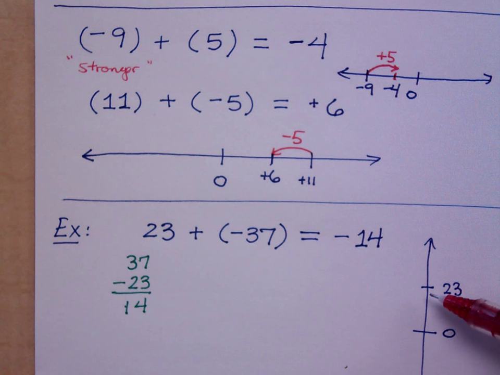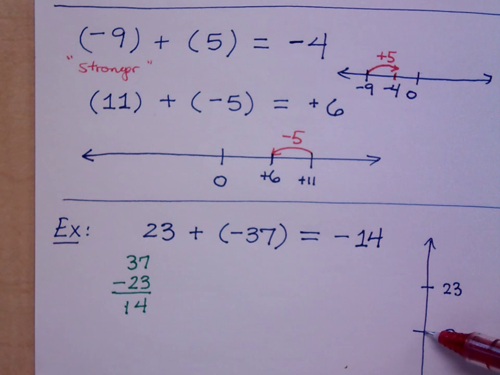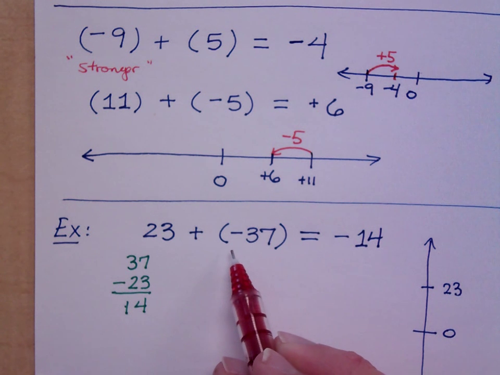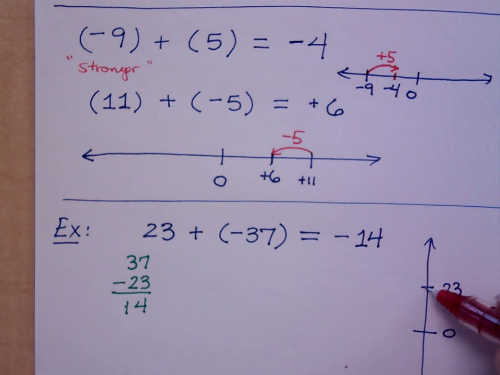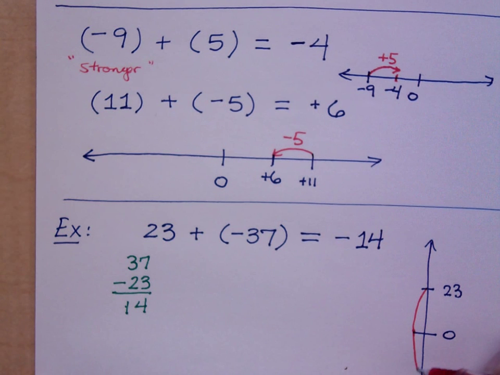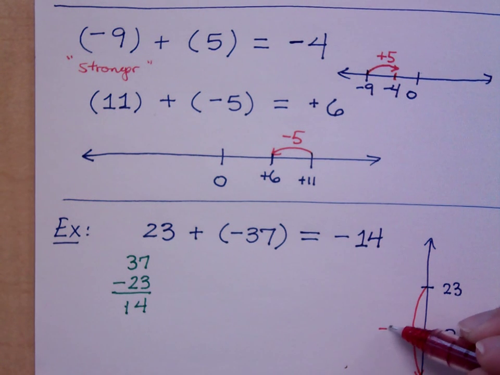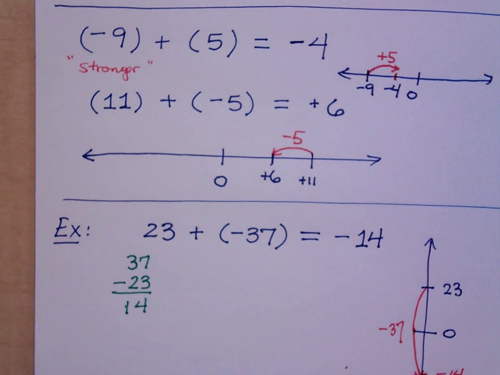How many units is it from 23 to 0? It's 23, but I need to go 37 units down, right? So I'm going to be going down beyond this, right? So I'm going down 37, and I end up down here at negative 14.